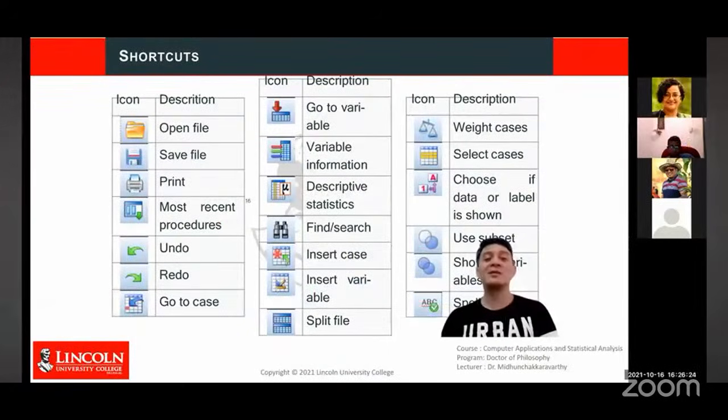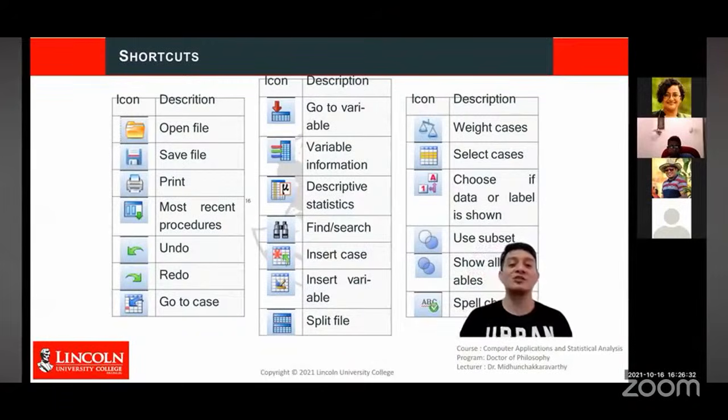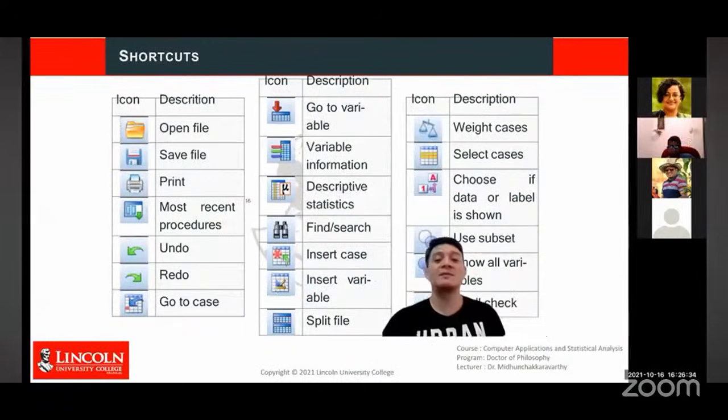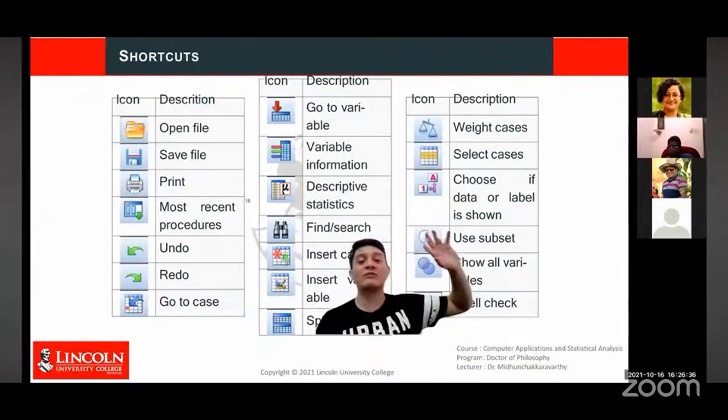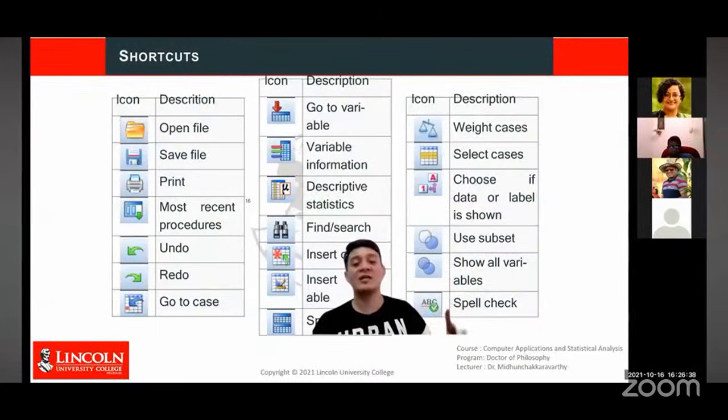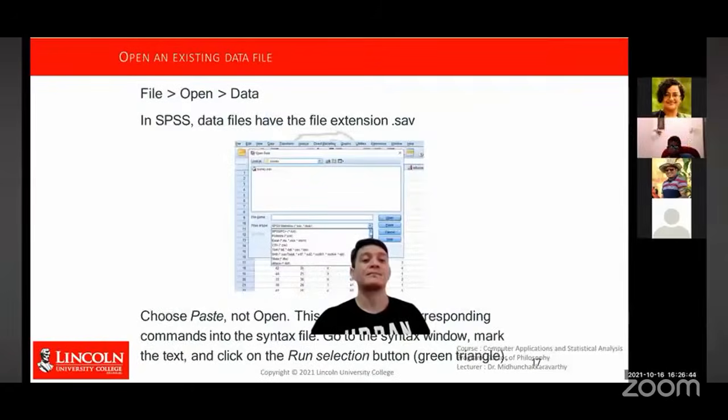Insert variables, and split file, you can split file. Icon description of weight cases, select cases, choose if data or label is shown, and use the subset, and then use variables, and then check spelling error. Maybe you have a spelling error there. You can check your spellings as well.